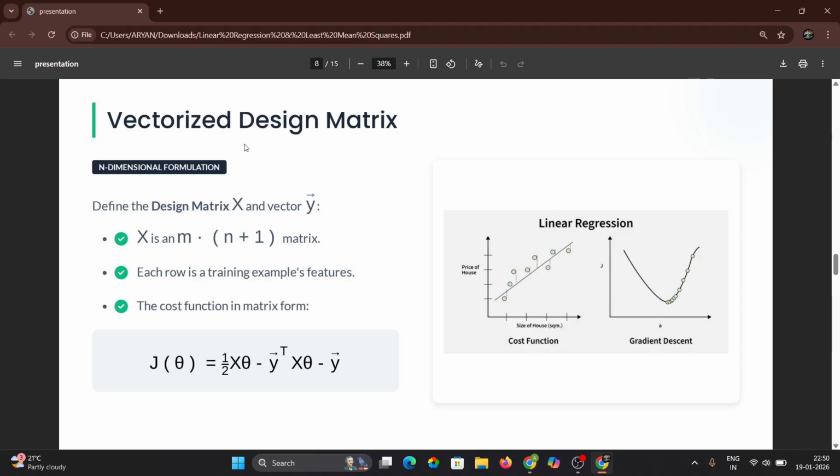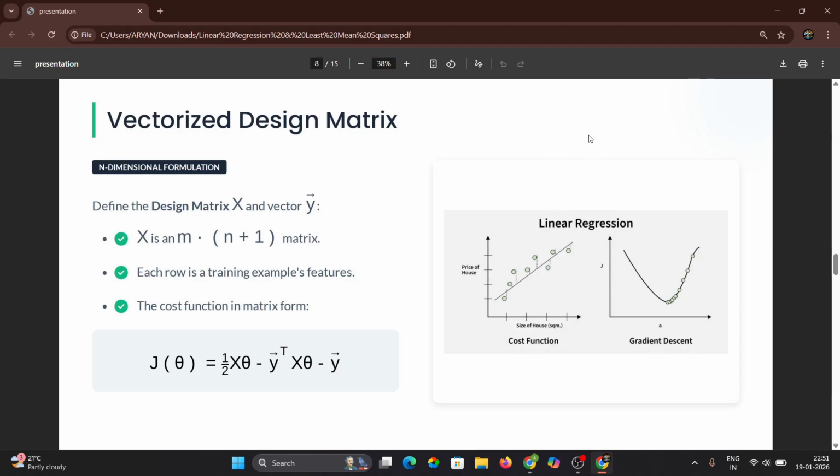Now the vectorized design matrix. We define the design matrix X and vector Y. What is X? X is the feature matrix. There are m samples, so it will be m by n plus 1. Why n plus 1?